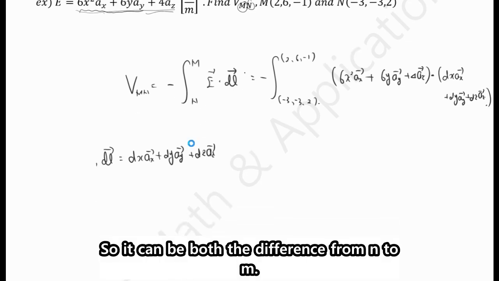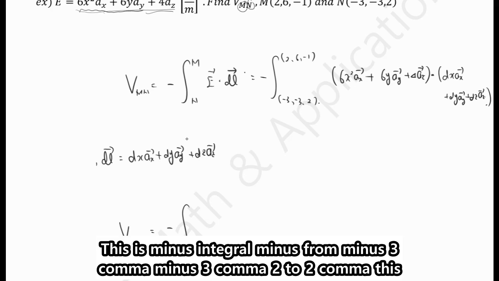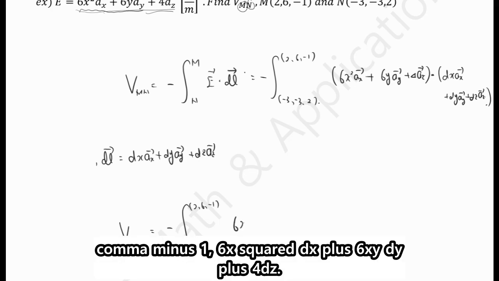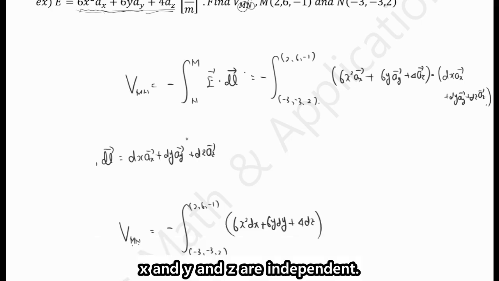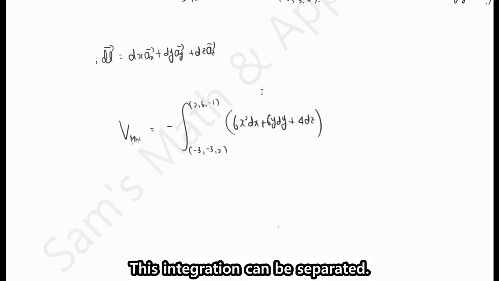So it can be the voltage difference from n to m. This is minus the integral from minus 3, minus 3, 2 to 2, 6, minus 1 of 6x squared dx plus 6y dy plus 4 dz. x and y and z are independent, so this integration can be separated.